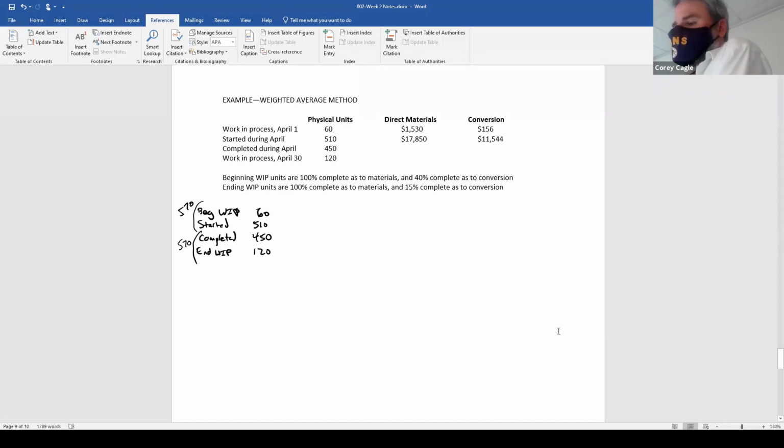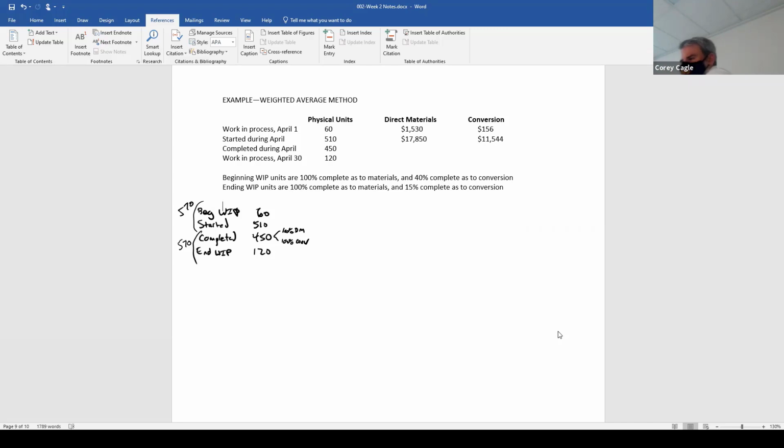We also need to know to what extent these are completed. You know, these are all done, right? These are 100% complete on materials. These are 100% complete on conversion. Conversion is labor and overhead added together. That's a definition, and I think we probably covered it in week 1.